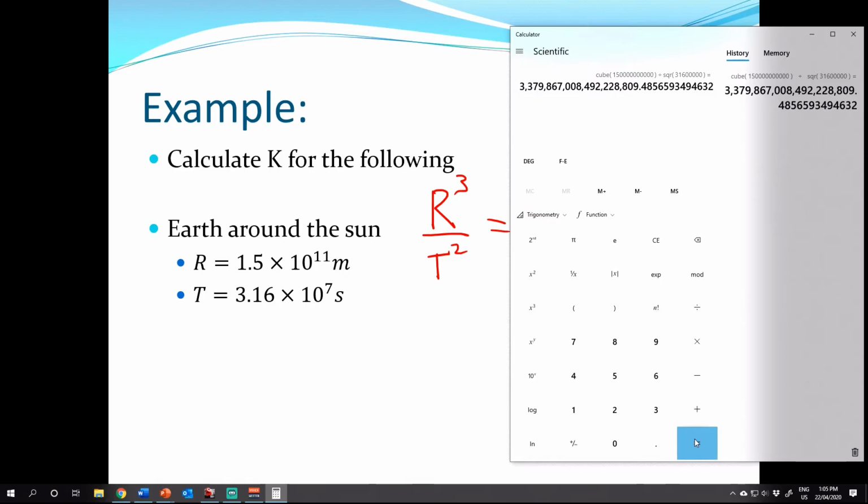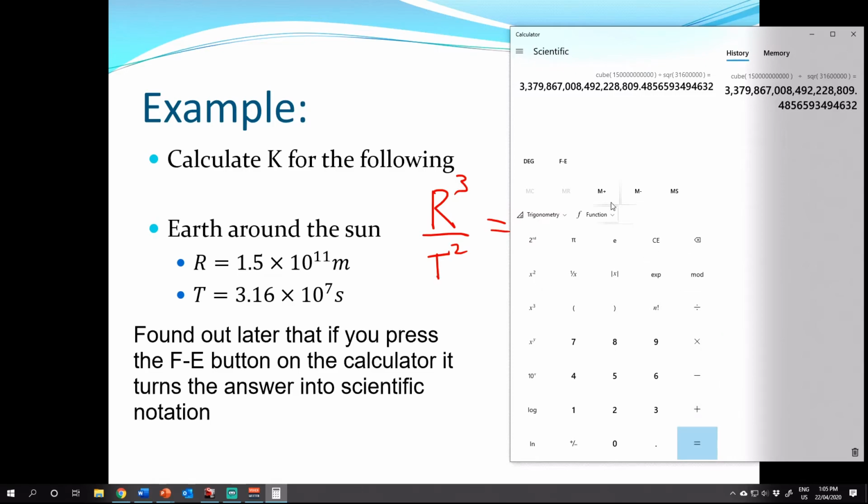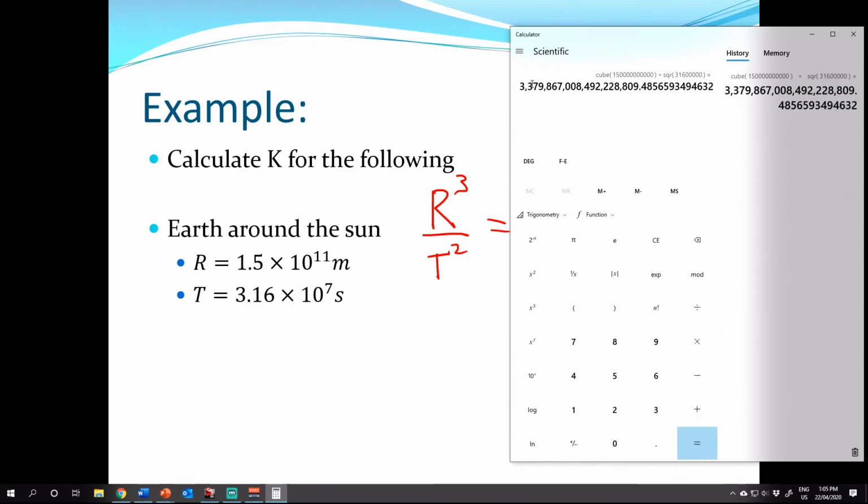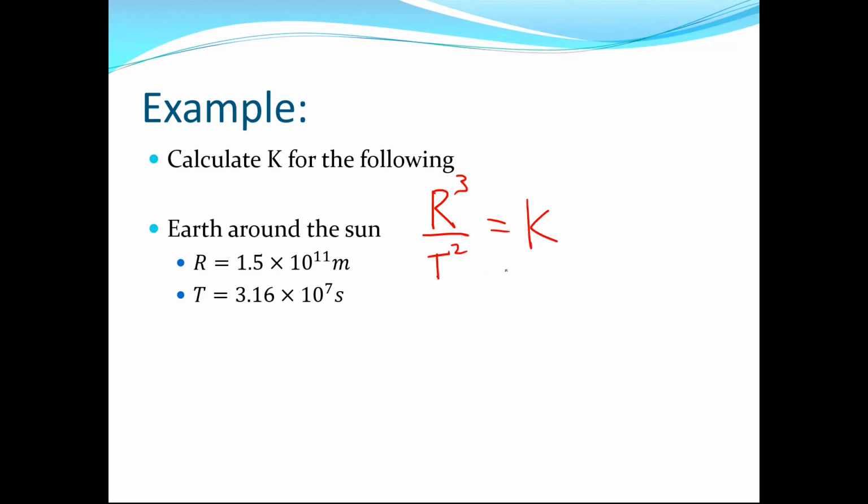And the Kepler's constant, I wish it'd give it to us in scientific notation, would be 3.4 times 10 to the 18. So K is equal to 3.4 times 10 to the 18. That is the Kepler's constant for the solar system.